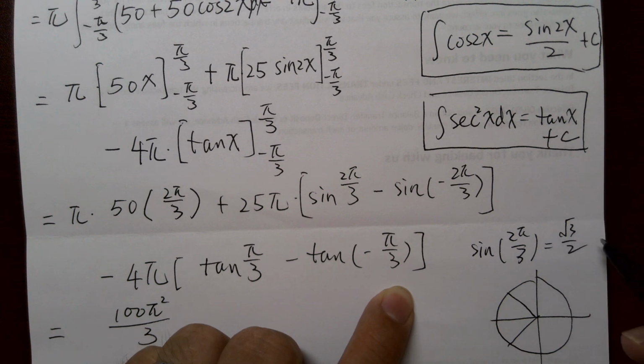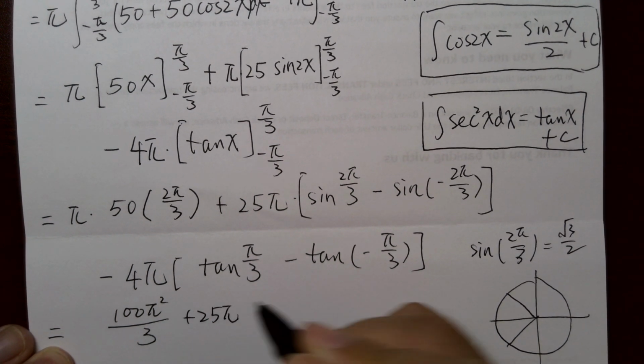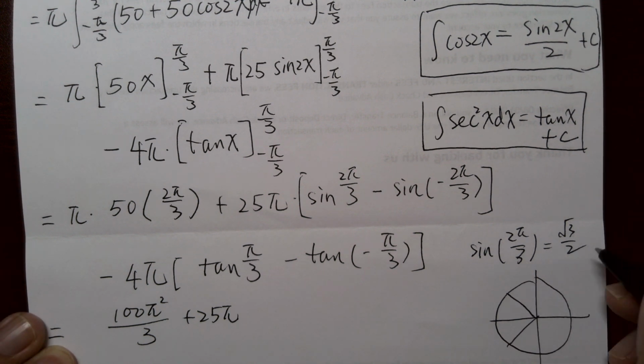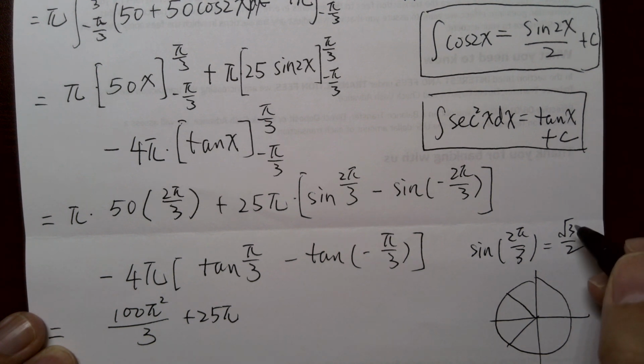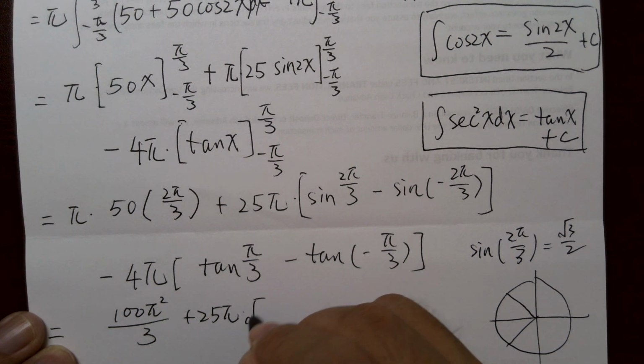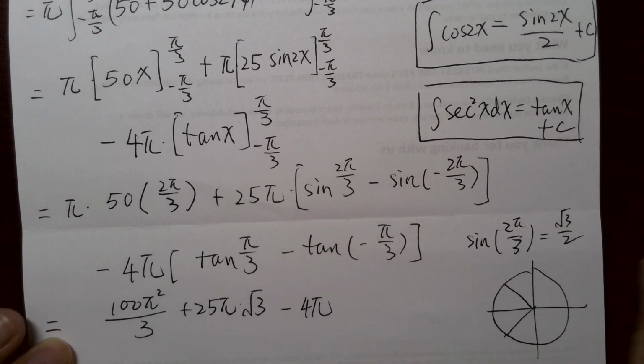So it becomes 25 pi times square root of 3 over 2 minus negative square root of 3 over 2, so that's 2 square root of 3 over 2, which is square root of 3. Okay, almost there, and then minus 4 pi.